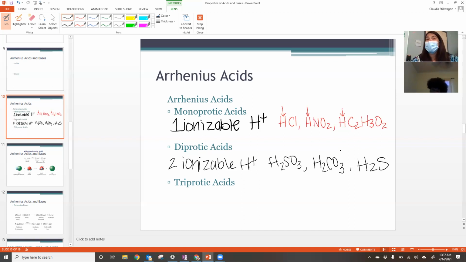So triprotic acids, what does that mean? 3 ionizable hydrogens. Our examples here are much smaller in terms of the list.